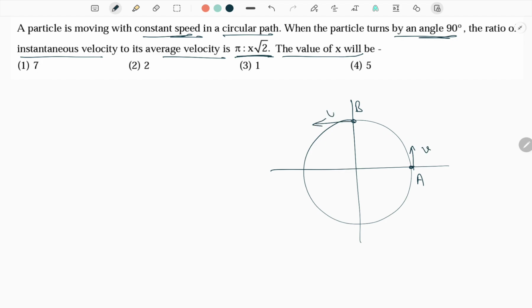Here V, here V, and this is the radius. The velocity at A is V j cap, and the velocity at B is minus V i cap. This is i, this is j.